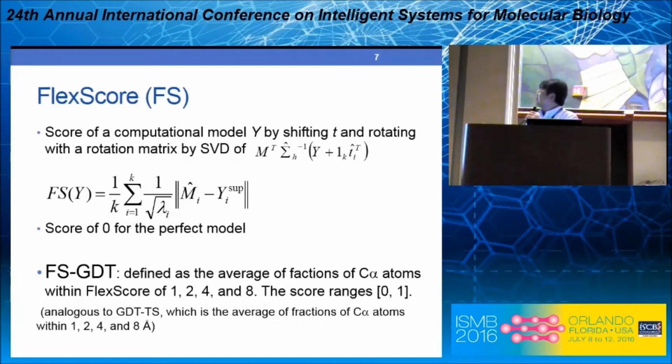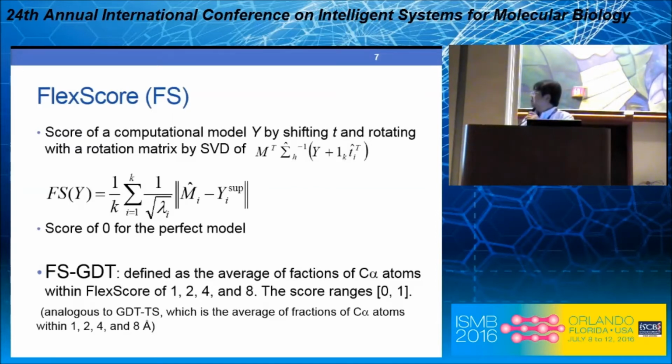So if it is a tail region which is very flexible, even if the residues in the model deviate a lot, I don't care because it's already flexible. But if the residues are very solid and don't move much, then a small deviation is penalized. And it's averaged.